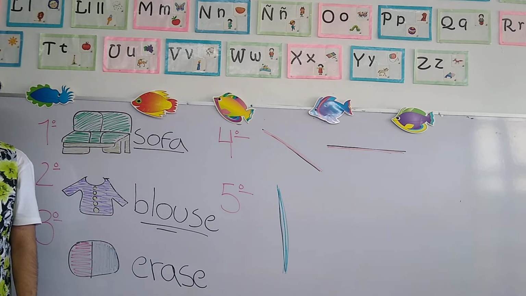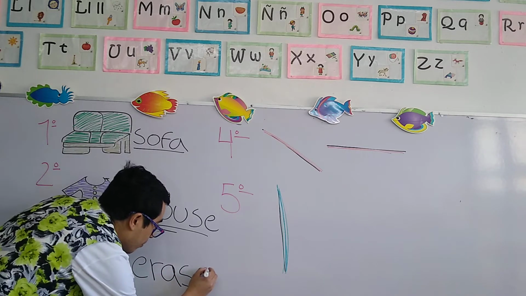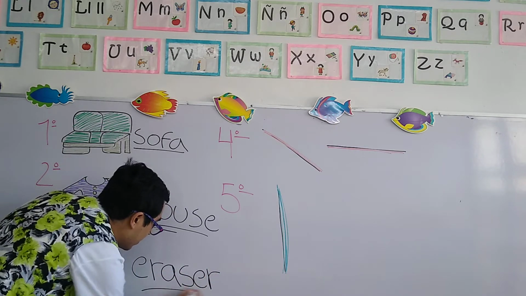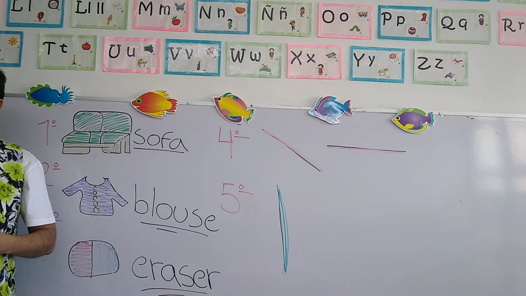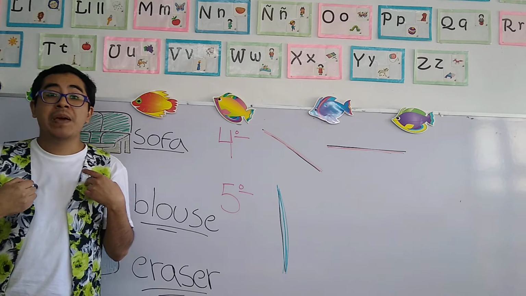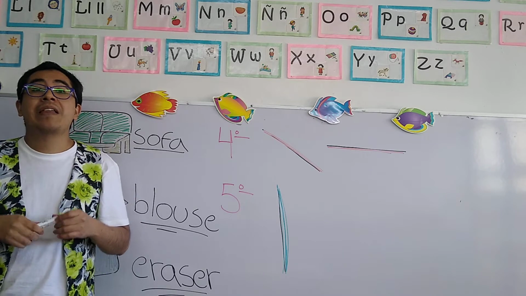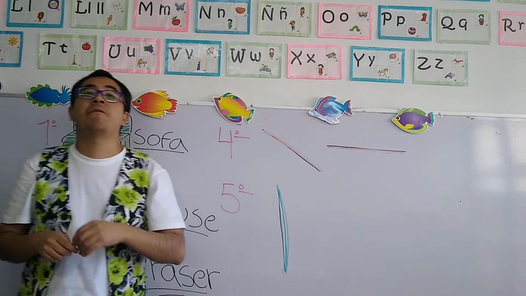And finally, letter R again of Rodrigo. And we have the word eraser. Okay, excellent, very good. You are doing an excellent job. And once again, the teacher is happy because you are telling me the letters, okay, the alphabet. Very good. Let's continue with the fourth.